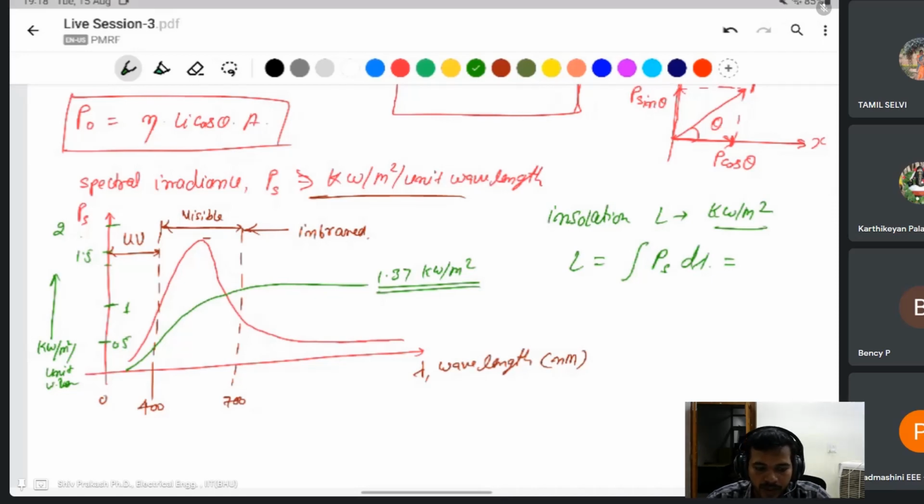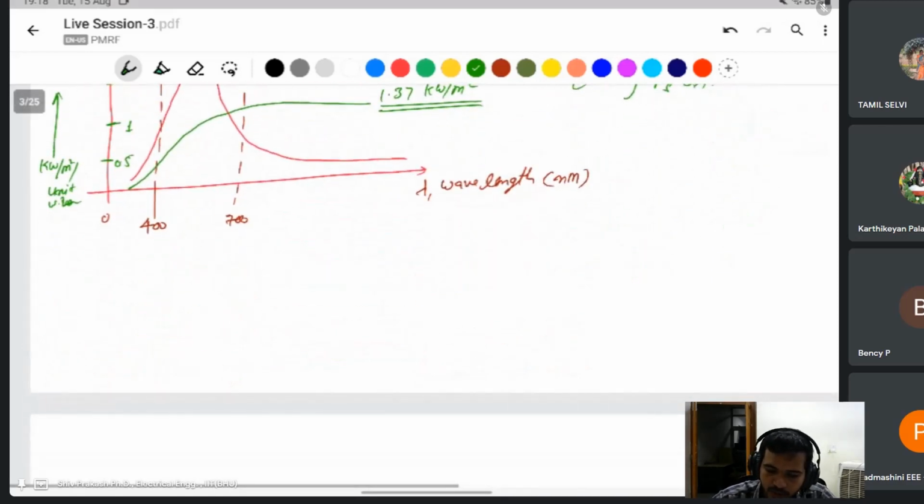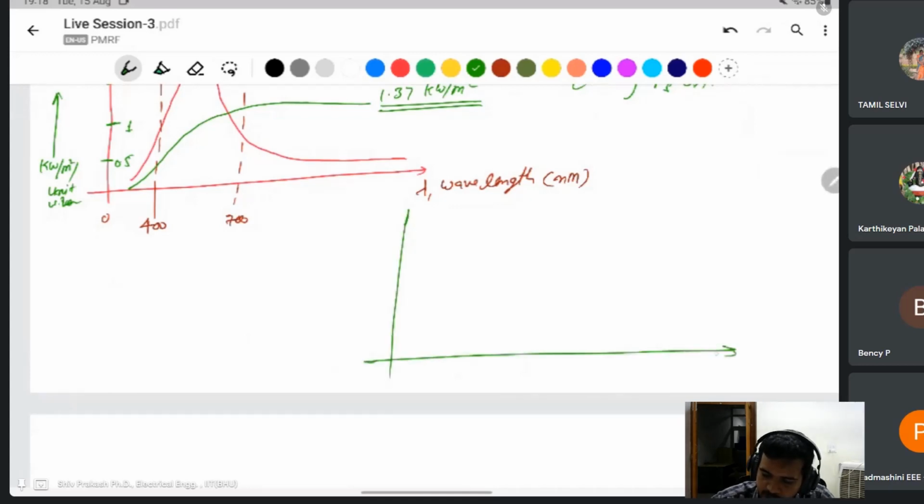If you talk about the daytime, like 12 p.m. or 1 p.m., the maximum power is developed. If you want to draw the same spectrum for a daytime, this is lambda, this one is PS.